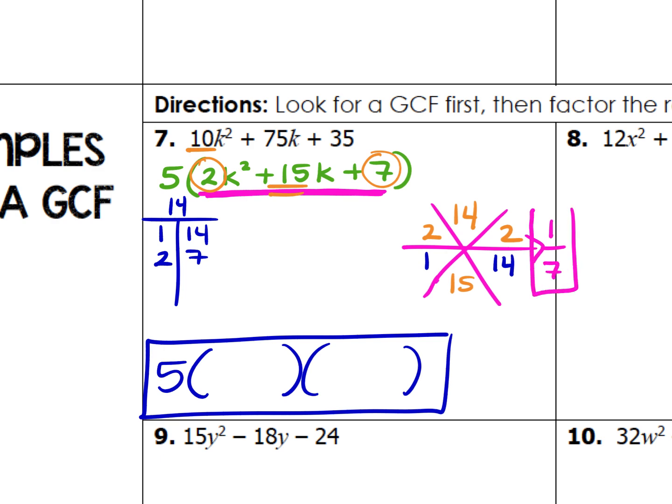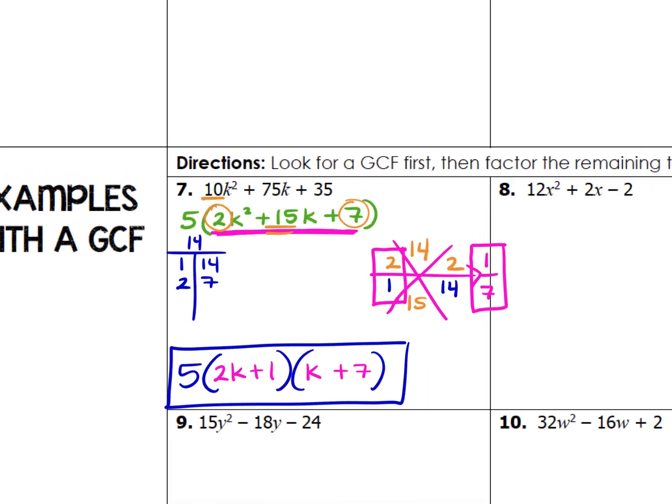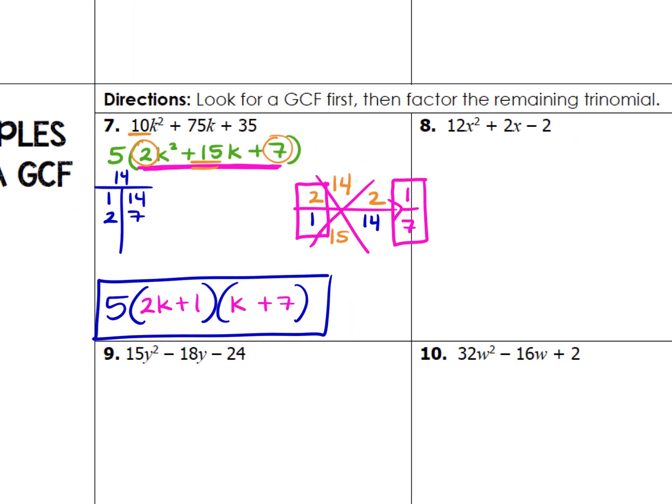So you'll have this one. This one doesn't reduce, so you'll leave that one alone. And we're working with k's in this problem. So it's going to be 2k plus 1 and 1k plus 7. So if you have to factor GCF out, do that, but then still A times C with your new set of information is what you're going to set up as your star. Okay? You try number 8.